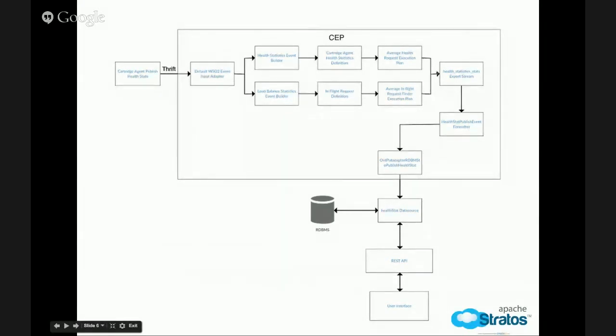And using that health statistics export stream, I will publish the data to the new formatter named health statistics publish event formatter, and that formatter will publish the health statistics data to the output adapter, and that output adapter will use a data source named health statistics data source to publish the health statistics data to the RDBMS, which is currently MySQL.